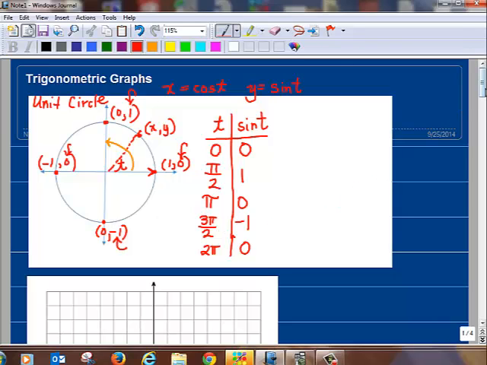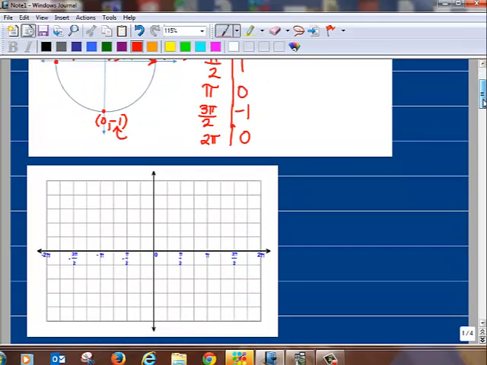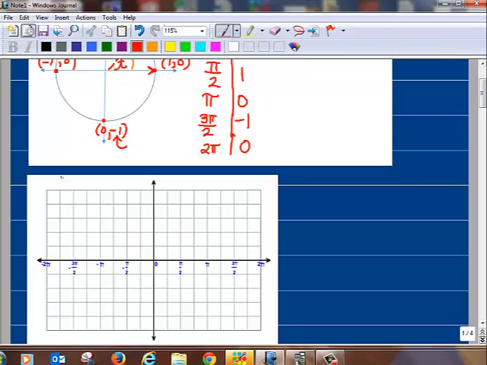I can take this table of values and graph them here. I have some graph paper with the x-axis labeled in pi over 2 increments. Let me make that clearer.